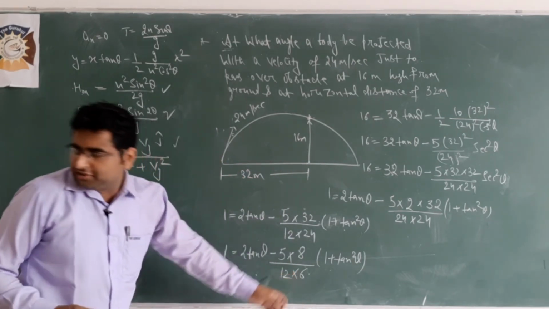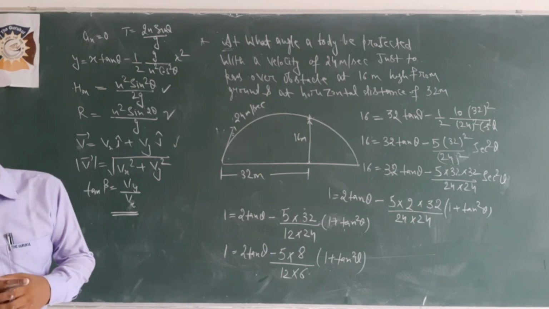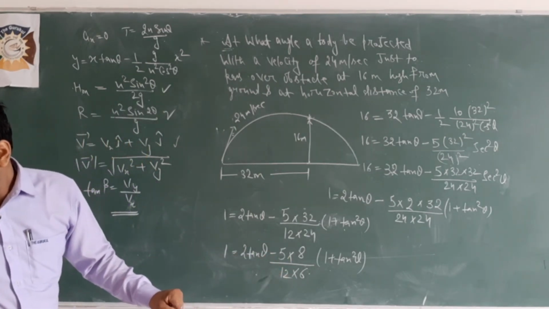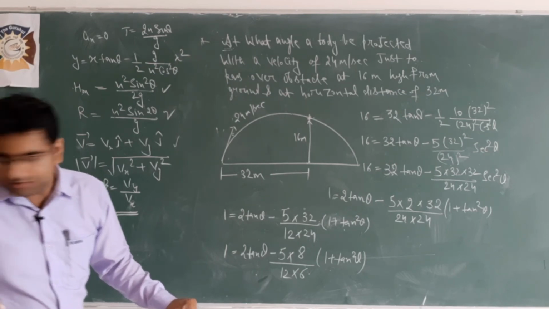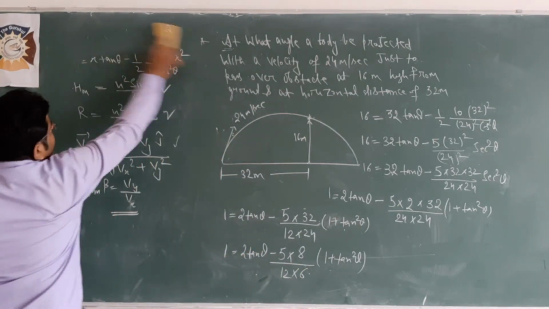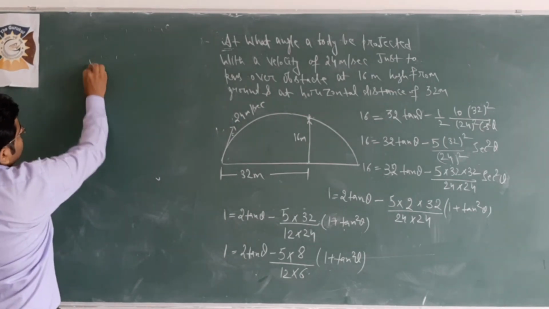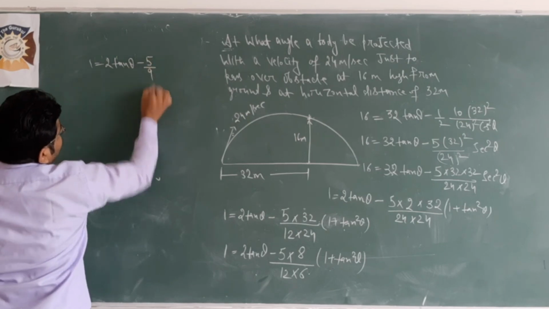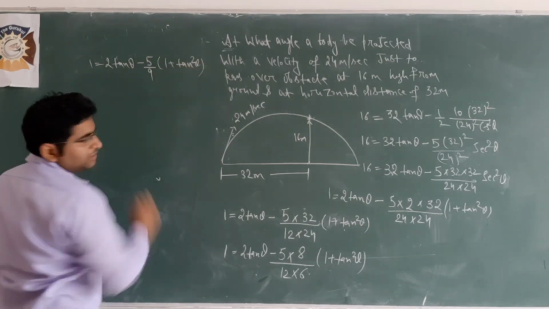When you solve it, 5 by 9 becomes, yes, 5 by 9. So 1 is equal to 2 tangent theta minus 5 by 9 into 1 plus tan square theta.